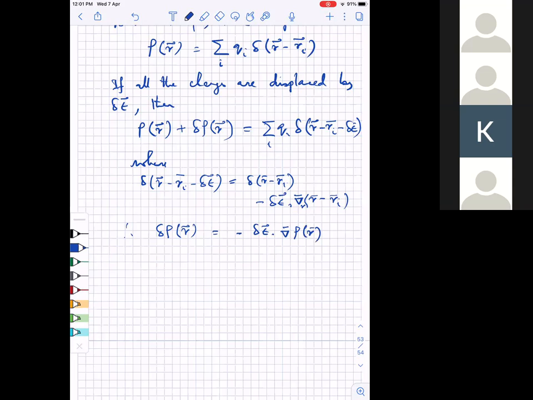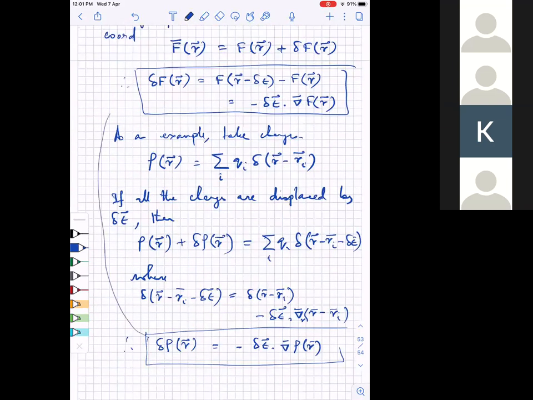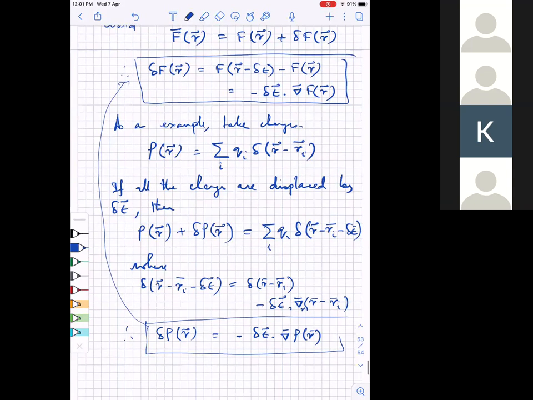So now you see this is basically the same form as this. So the physical quantity behaves like this.